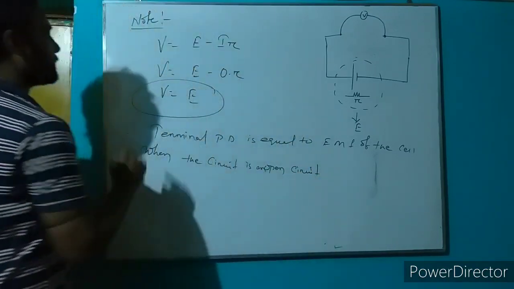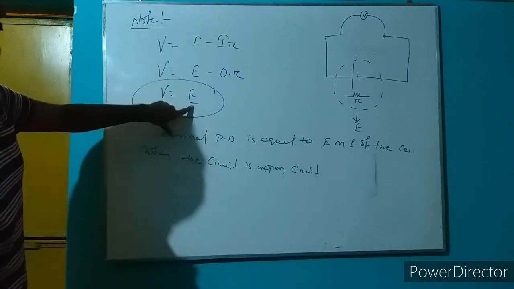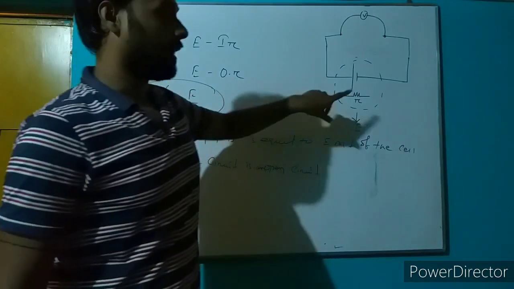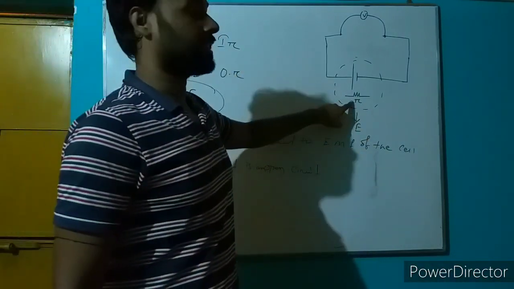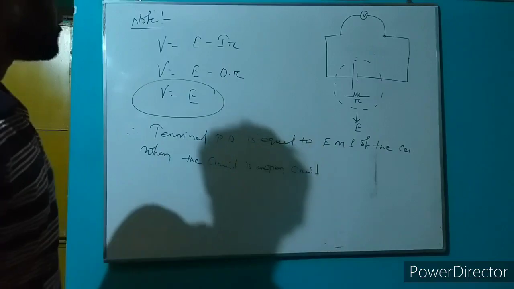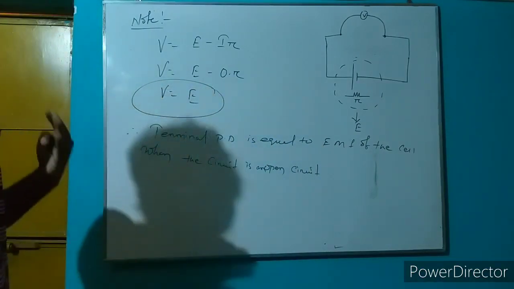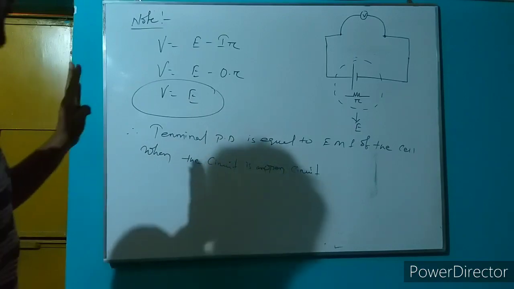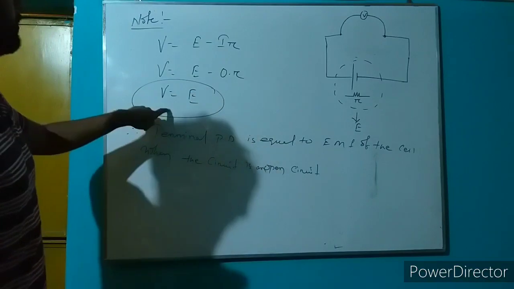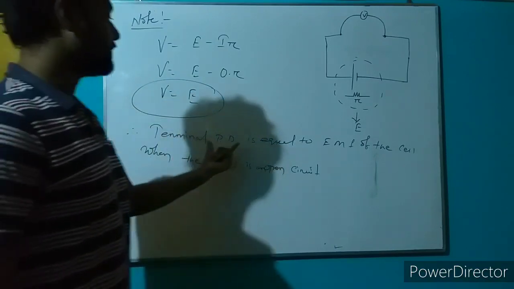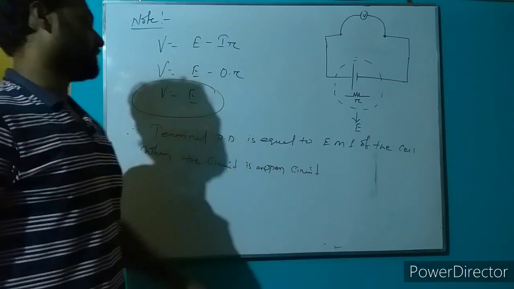At that case the terminal potential difference equals the applied EMF, when internal resistance becomes 0. So V equal to E means there is no internal resistance and the circuit is open. So terminal potential difference is equal to EMF of the cell when the circuit is open.